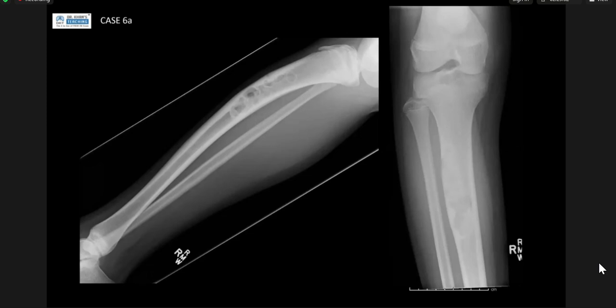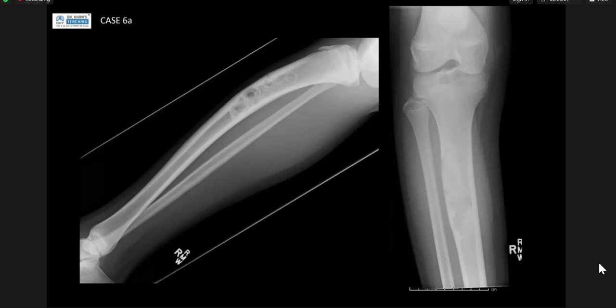The cortex is normal. There's no periosteal reaction, and the tibial epiphysis appears to me a bit ballooned up, also the medial femoral epiphysis. Sorry, what's ballooned? I missed that.